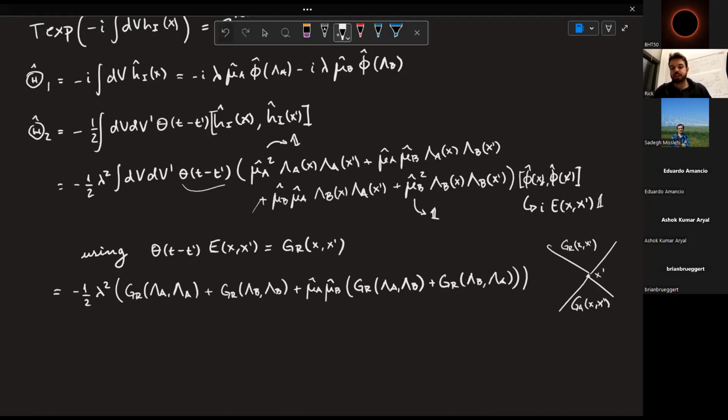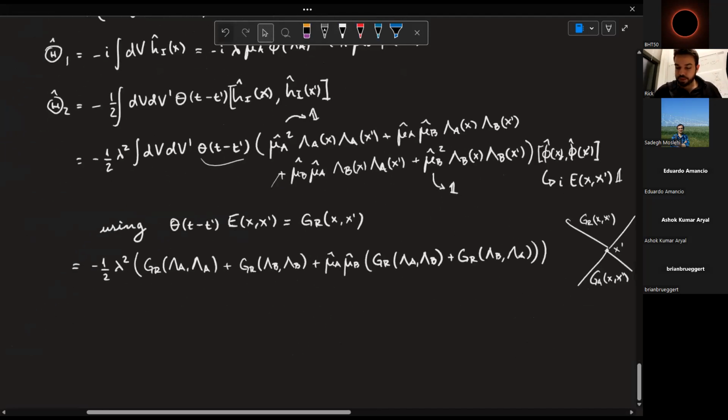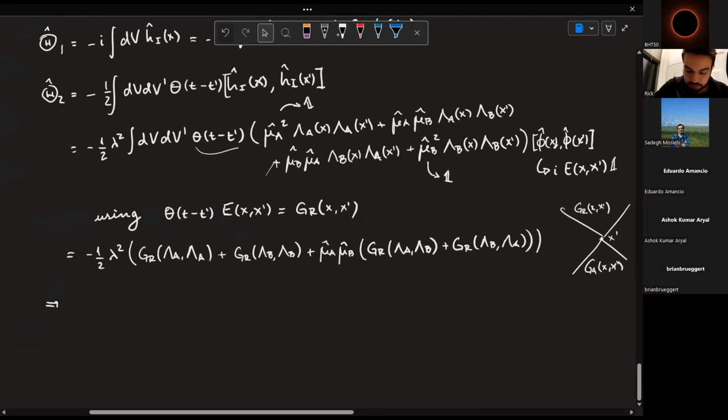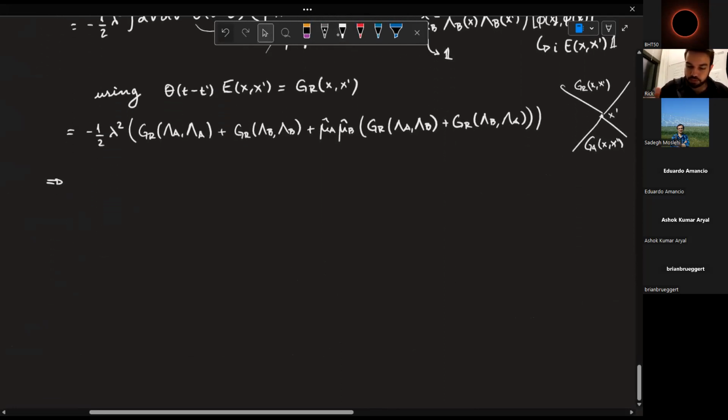The free Hamiltonian is just lambda times mu A or lambda times mu B, and mu A and mu B both commute with these things. Either they act in different spaces or something like this. So basically, this implies that the theta 3 is 0, and so are all the other theta n's for n larger than or equal to 3, basically.